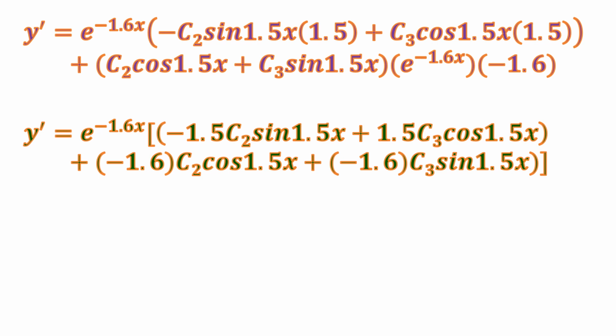So that's why the 1.5 is transferred at the side of c sub 2. It's now negative 1.5 c sub 2. The same as for the rest of the terms, so it becomes 1.5 c sub 3. And also the negative 1.6 is distributed into negative 1.6 c sub 2, negative 1.6 c sub 3.